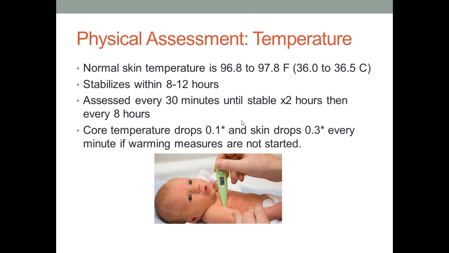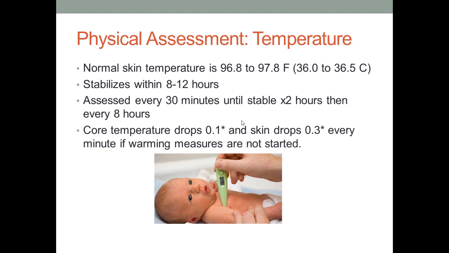Temperature. Baby's normal skin temperature is anywhere from 96.8 to 97.8. It does take a little while to stabilize, so like I said, once baby's born, the temperature is going to be assessed about every 30 minutes until they're stable for 2 hours, and then you might only check their temperature every 8 hours.